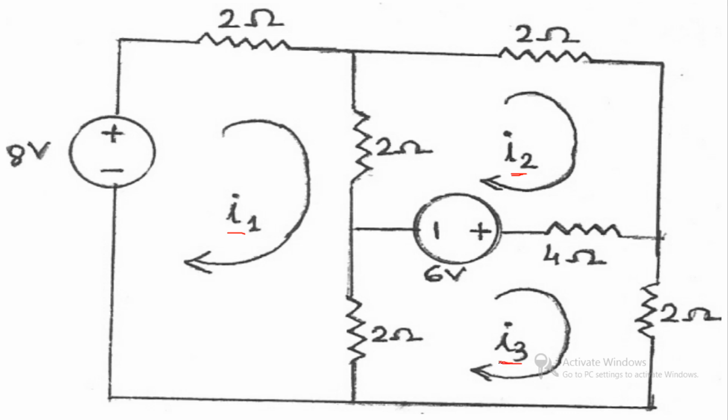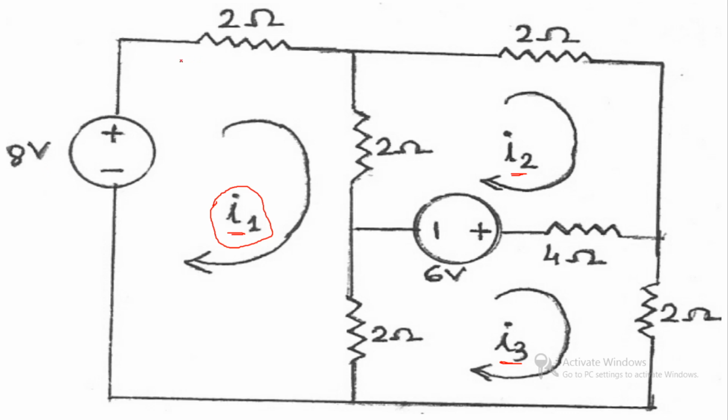The first step to solve a numerical based on KVL is to mark the polarity for each individual loop current. Let's start with the first current, I1, and mark the polarity for it. Keep in mind that a voltage source has its own polarity, so we have to mark the polarity for the elements other than the source.